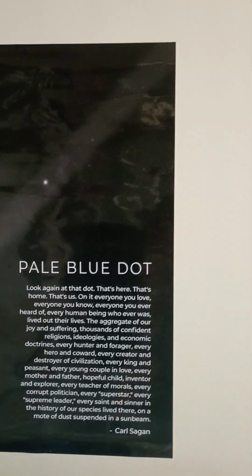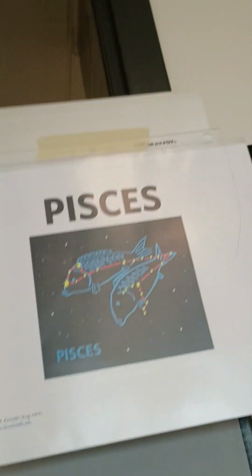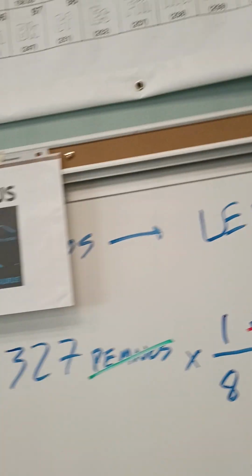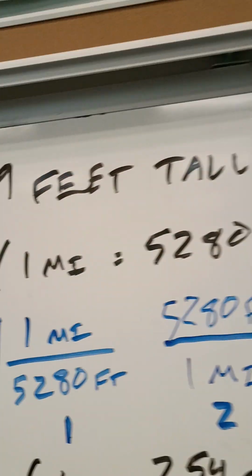And we go past the pale blue dot here to Capricorn, and then Aquarius. Past the psycho clock to Pisces, Aries, and then over here, Taurus.